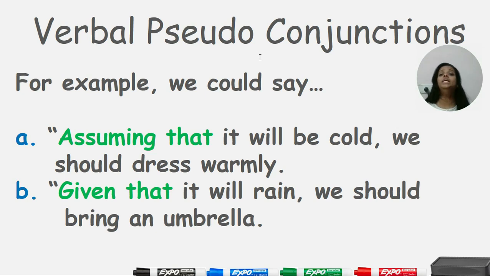And now, where to use these pseudo conjunctions? So if you want to connect independent clauses with nuance, you have to use adverbial pseudo conjunctions. We also call the adverbial pseudo conjunction conjunctive adverbs, another word for that.